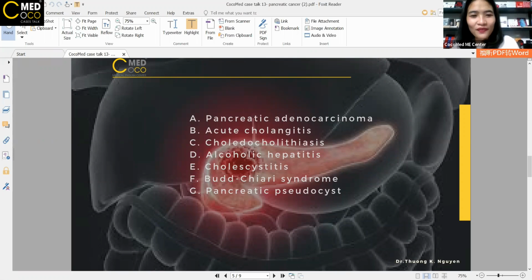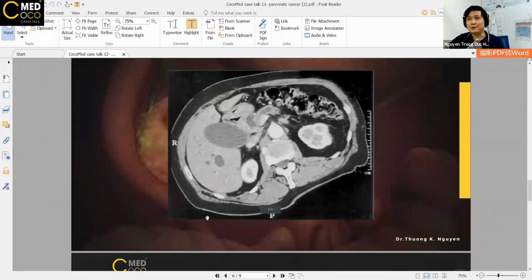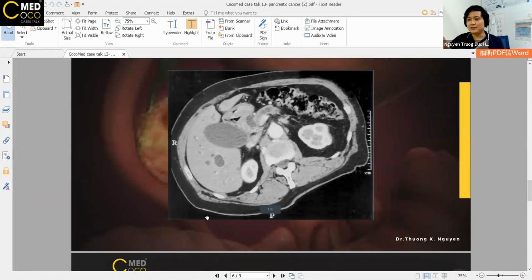Okay, I have one more question for everyone. For this case, one thing is the weight loss. Is it unusual for them to lose weight?